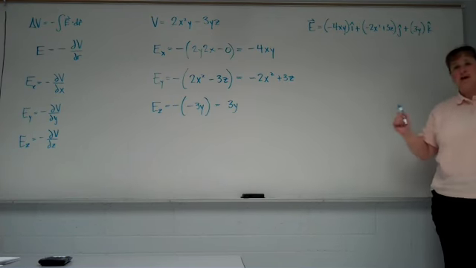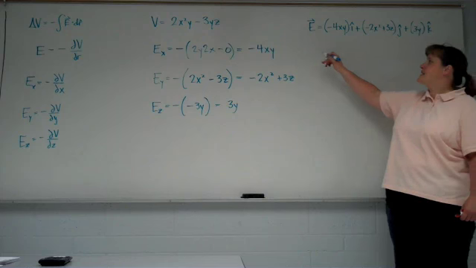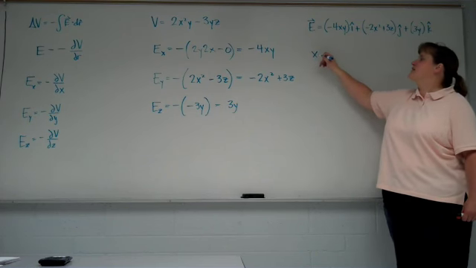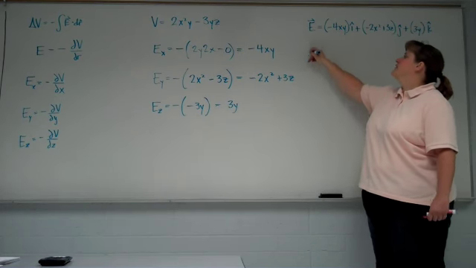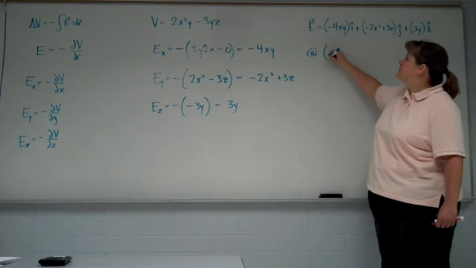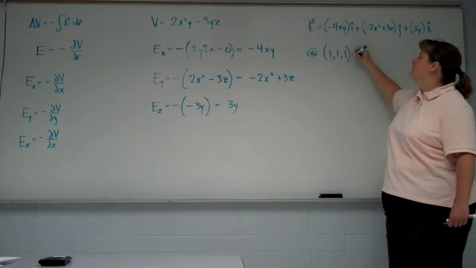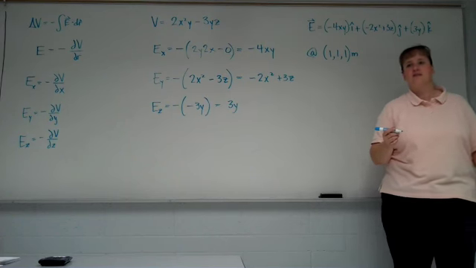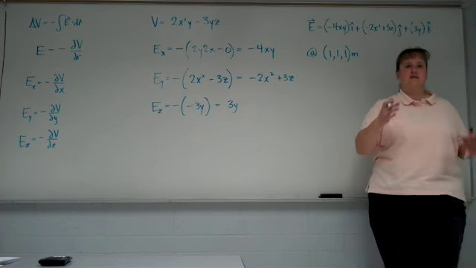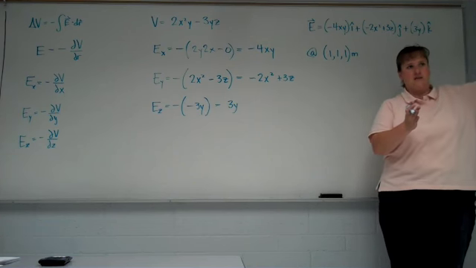The electric field depends upon the position, where you are in the coordinate system. So let's say we wanted to find the electric field at the point 1, 1, 1. Make it easier on ourselves. So that means in a coordinate system, 1 meter in the x, 1 meter in the y, 1 meter in the z.